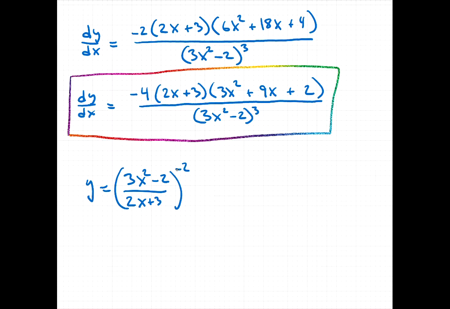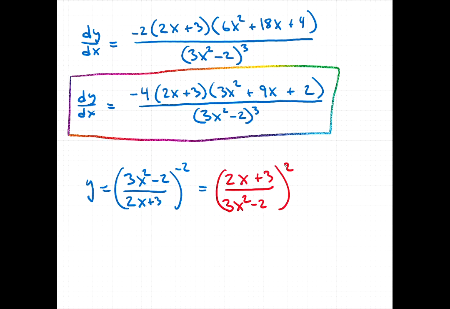So this was the original problem. We took the derivative straight away. Another method we could have used, and this might have been a step or two shorter, I don't know. We could have, before taking the derivative, rewritten this as 2x plus 3 over 3x squared minus 2 to the positive 2 power.